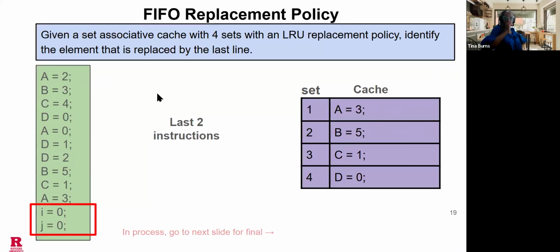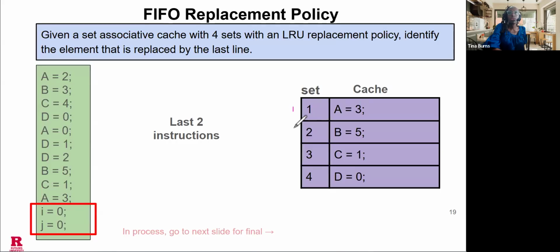So let's say we're looking at these last two instructions. And instead of me looking at each variable, I can also look at this in terms of each set location, right? And I can see what was accessed first. It's relatively easy to see that I know I'm going to access this first.